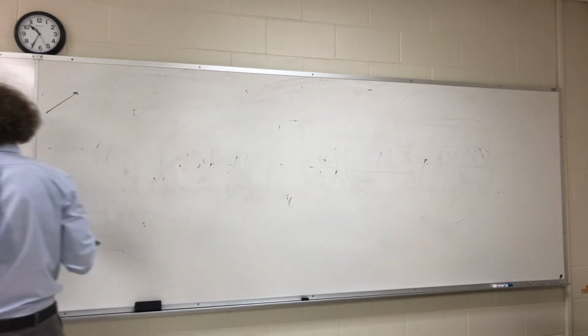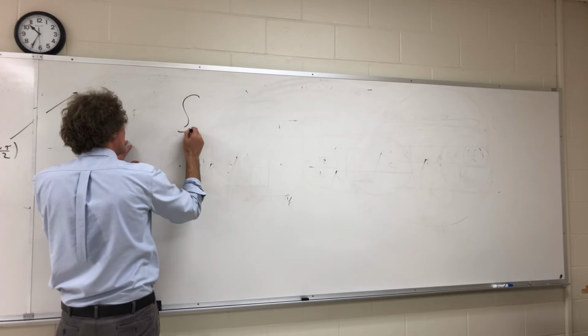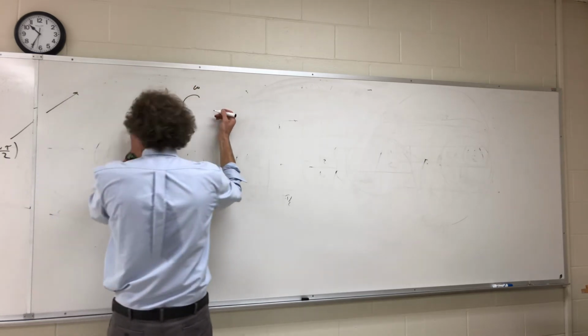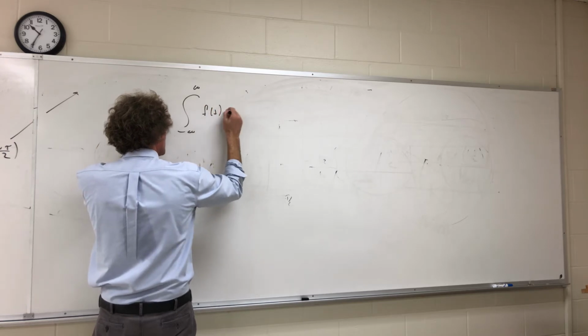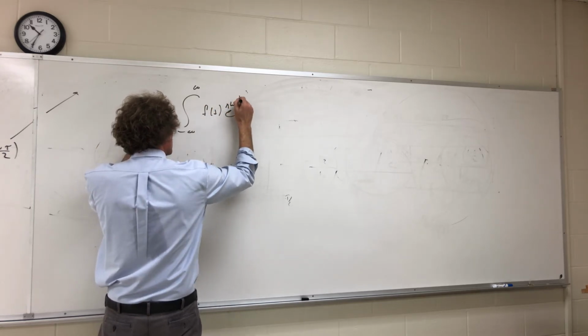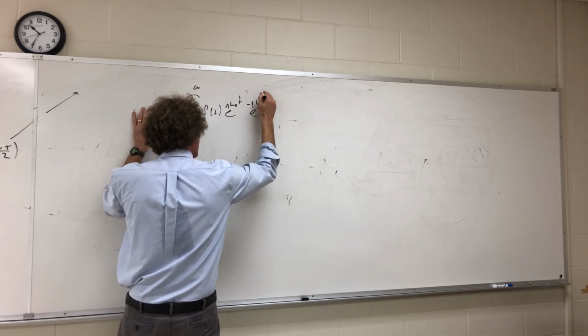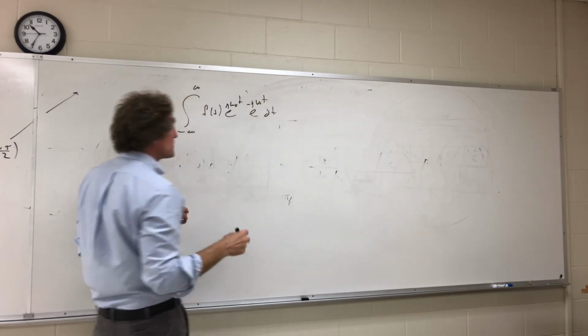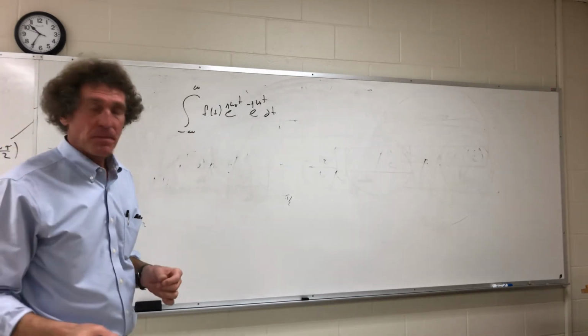If I take the Fourier transform of that and use that identity, I have an integral from minus infinity to infinity of f of t times e to the j omega naught t times e to the minus j omega t dt. That's the Fourier transform of this right here with e to the j omega naught, right?